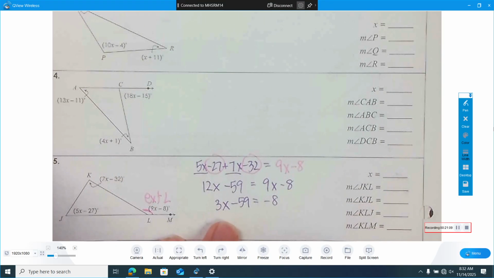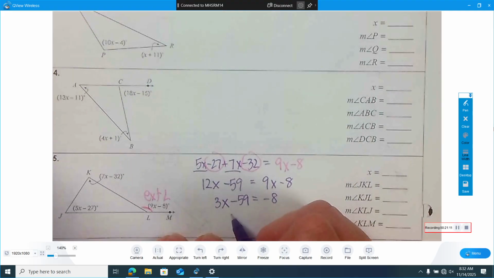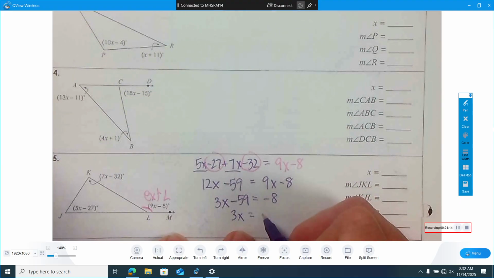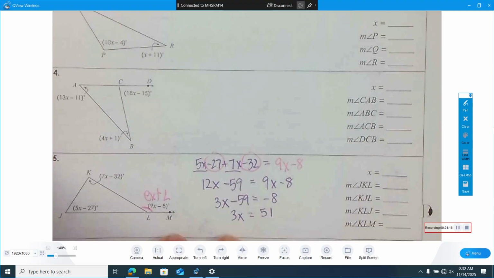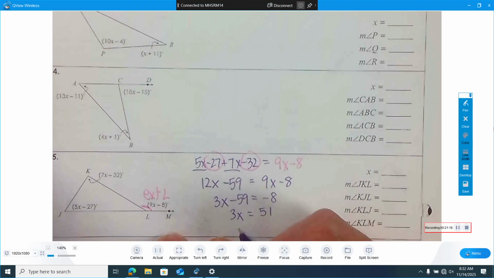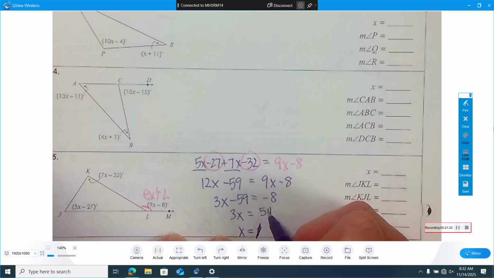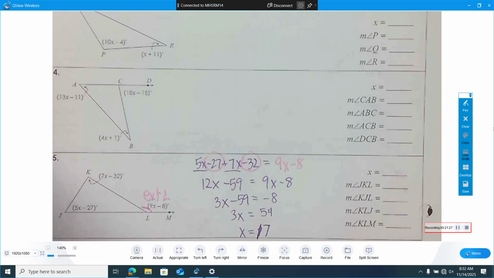And then I'm going to add 59 to both sides. If I add 59, that gives me 51. And then I divide by 3. 3 goes into 5 one time with 2 left over, and 3 goes into 21 seven times. All right, so x is 17.